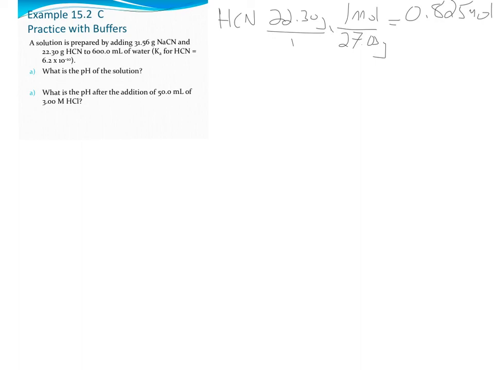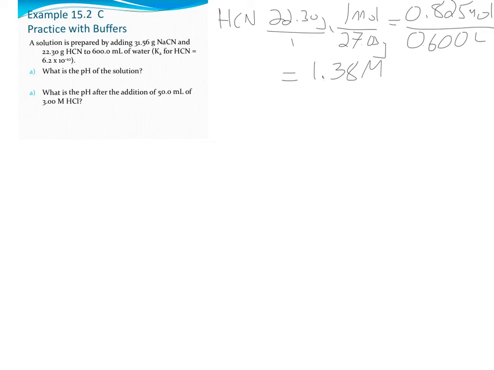Now I'm going to want those moles later, because when there's volume changes in the next part of the problem, we're going to want to see how many moles of everything we had. We divide that by the 600 milliliters, 0.6 liters, and we'll get a molarity of the HCN is going to be 1.38 molar.